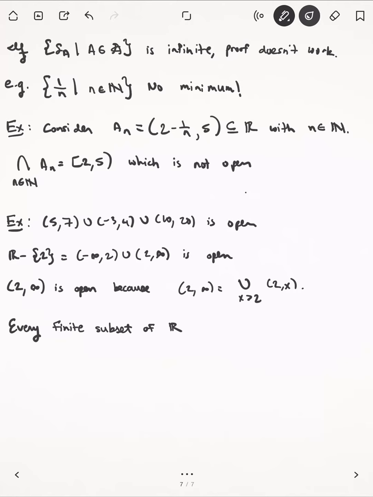Every finite subset of R is closed because its complement is what?